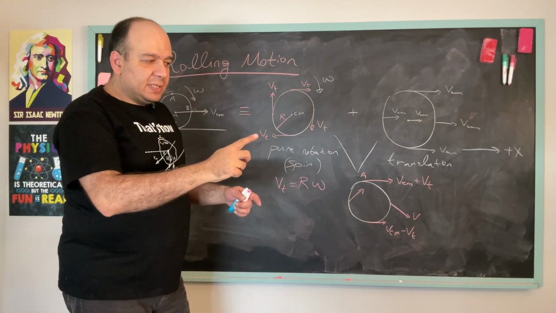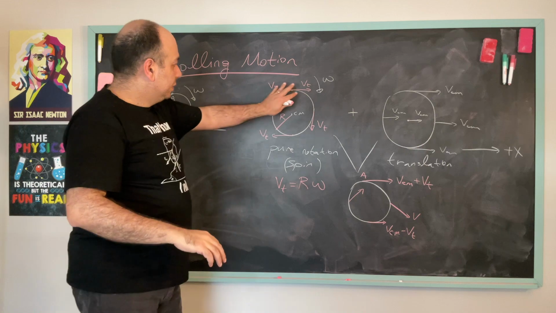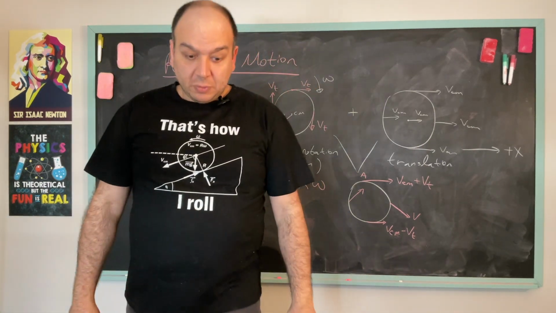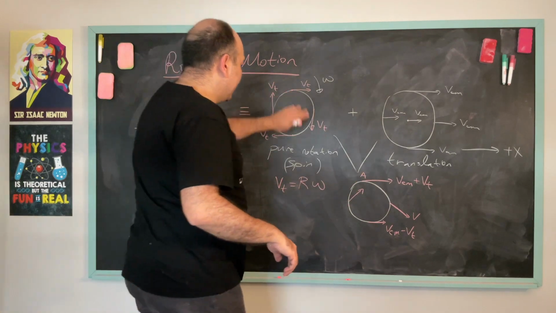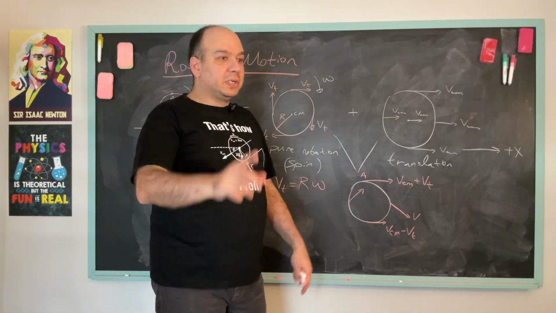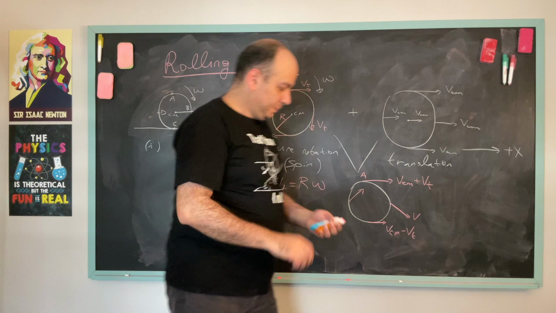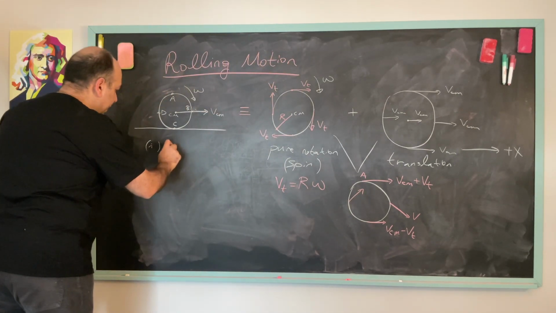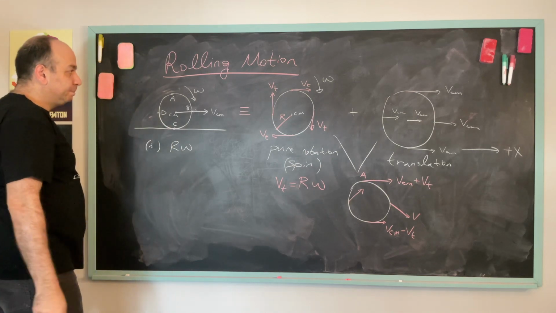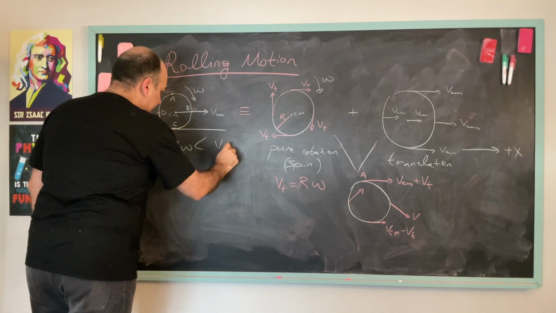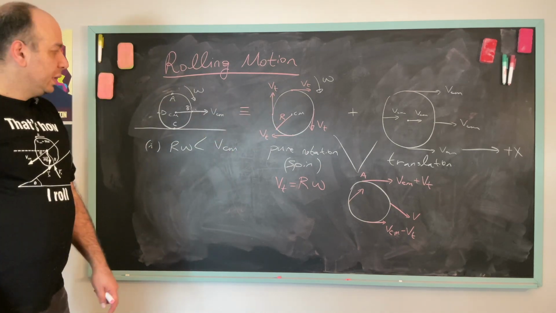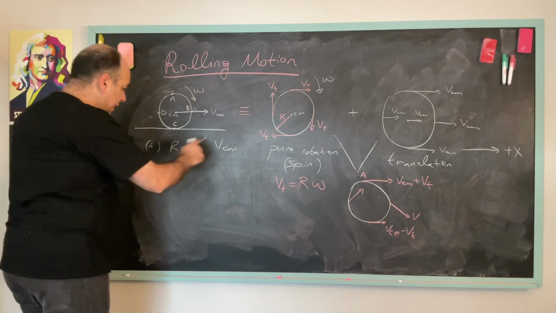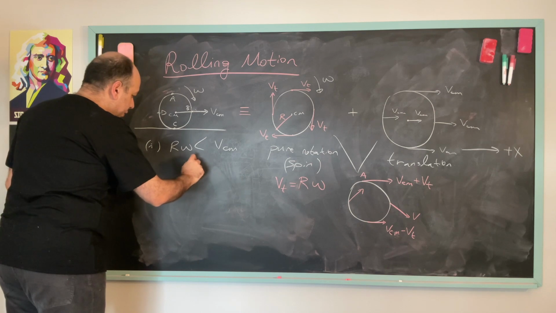So in some cases, the rotation is not as strong as the translation, or in other words, the rotation is slower than translation. How can we quantify that? Mathematically speaking, r times omega is less than the center of mass speed. The translation is faster than the rotation. These types of motions are called skidding.